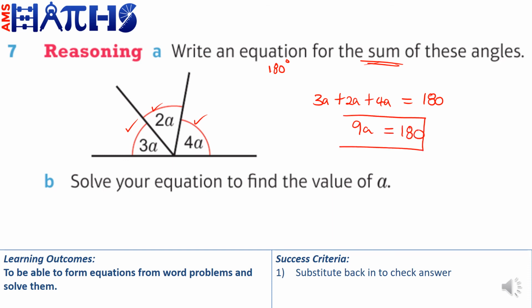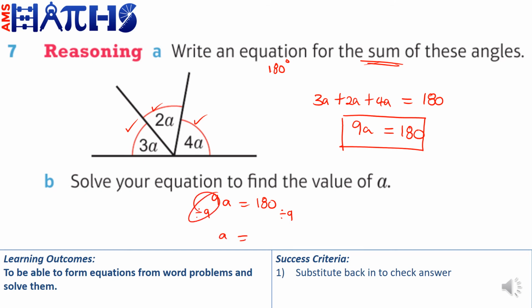That is our equation. Then part B says solve your equation to find the value of a. So we write our equation 9a equals 180. We now need to divide both sides by 9 because a is being multiplied by 9. And so 9 divided by 9 is 1, which leaves us with 1a.